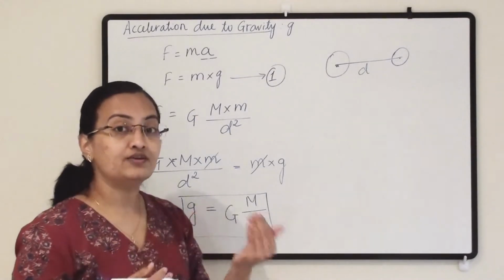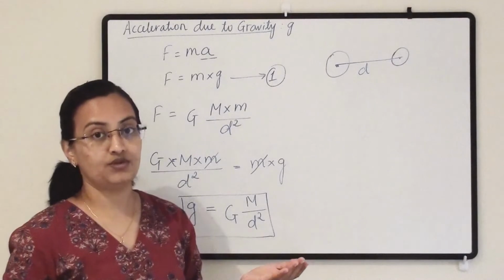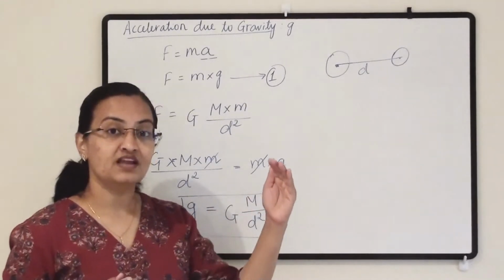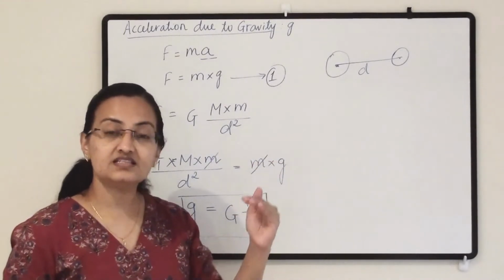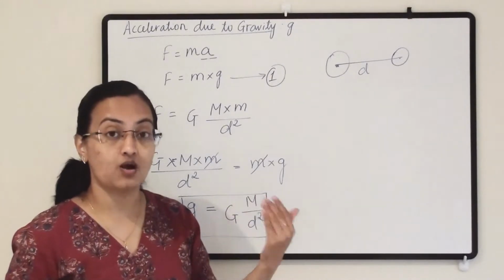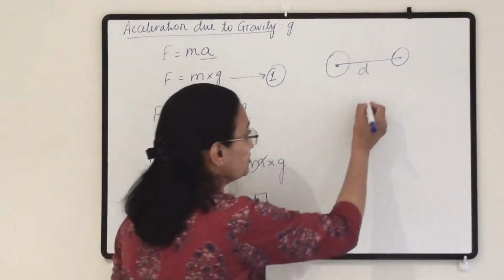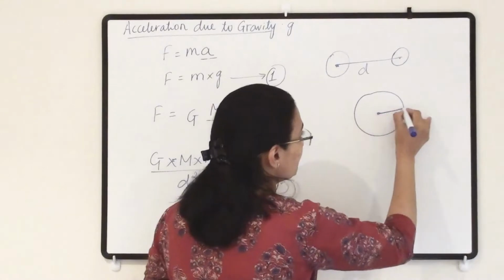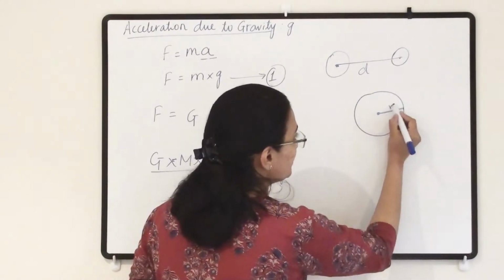So how to calculate that? For that we are taking the radius of the earth, because for whatever object is lying near the surface of the earth, the difference between that distance and the distance for an object lying on the surface is very negligible. So we are always counting that as the radius of the earth. Now what is the radius of the earth? For example, this is the earth, and from the center till the circumference, this is going to be the radius of the earth.